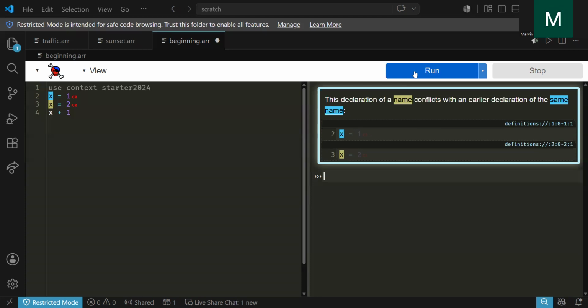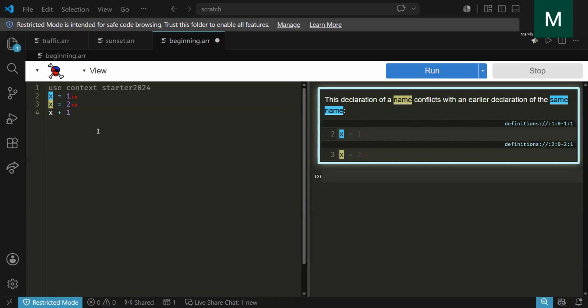The word declaration: we declare x to be 1, and then we're declaring x to be 2 again, but why are we declaring it twice? The word declaration is like the declaration of independence. Once you declare it, you can't declare independence again. Okay. All right. Very good.